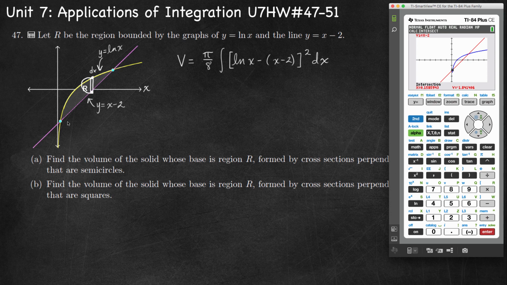Okay, so I have points of intersection at x equals 0.1586. And then my other point of intersection, x equals 3.1462.